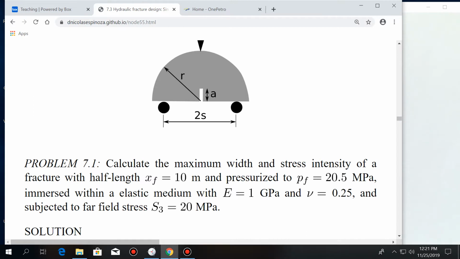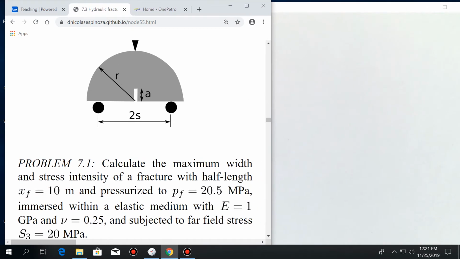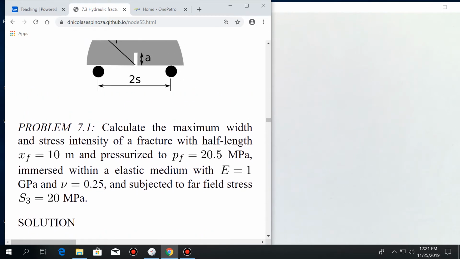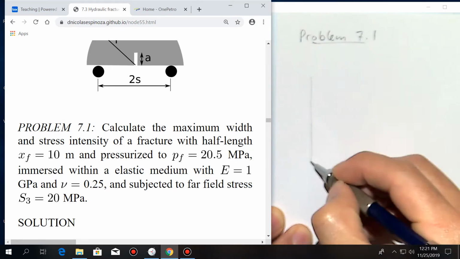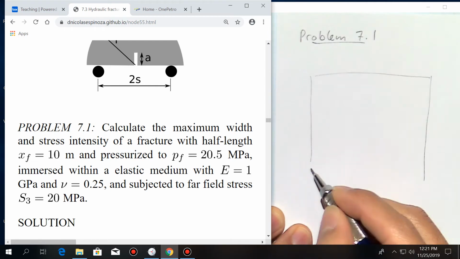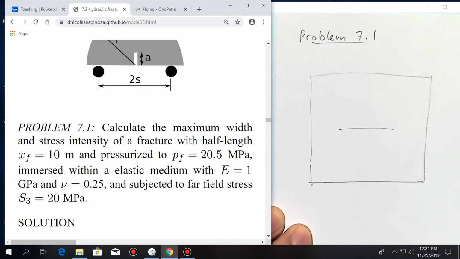We have a fracture that has a length of 10 meters. Actually, it's a half length of 10 meters.